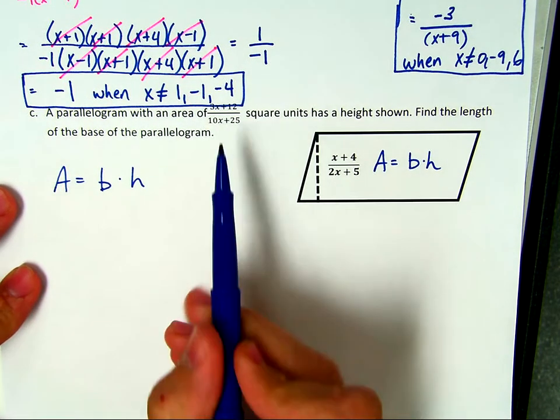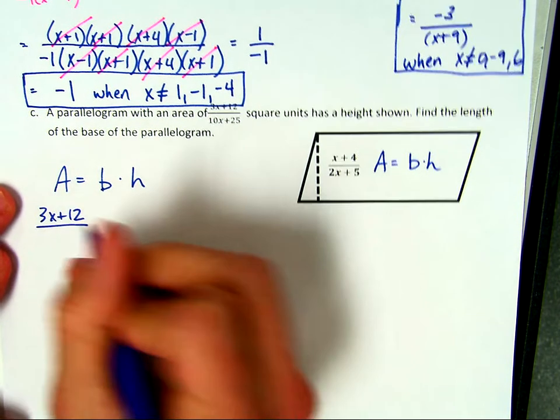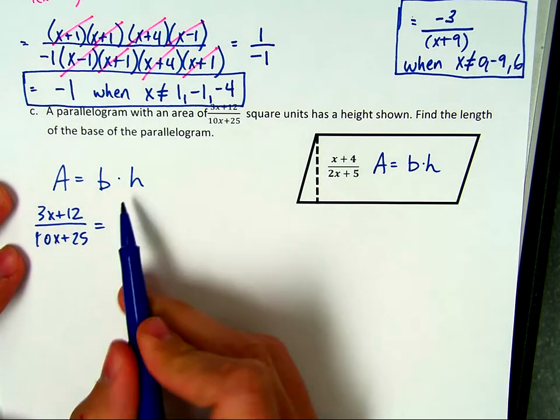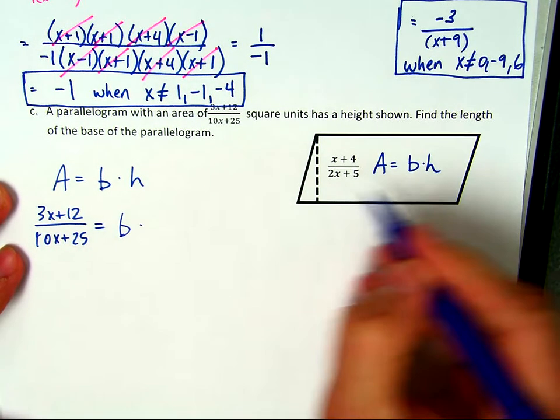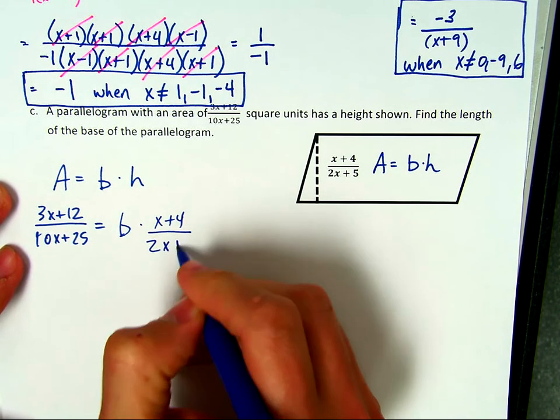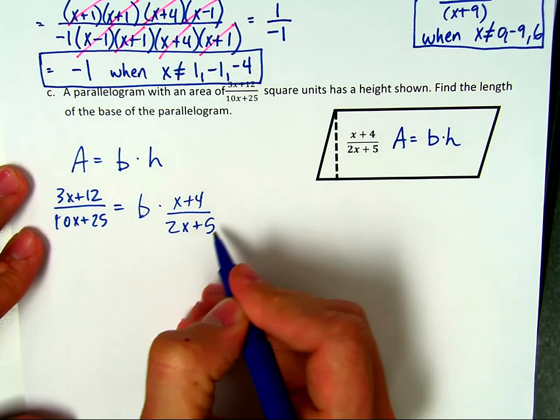We know that the area is 3x plus 12 over 10x plus 25. We don't know the base. We do know the height is x plus 4 over 2x plus 5. So if we want to find the base, we need to divide by this expression.